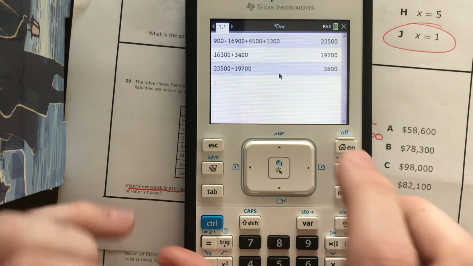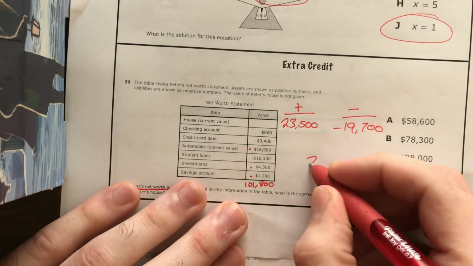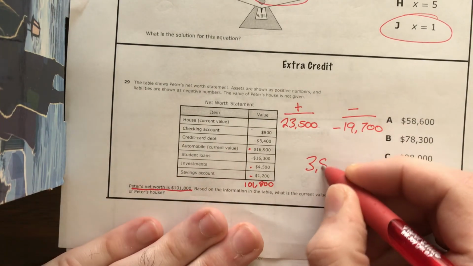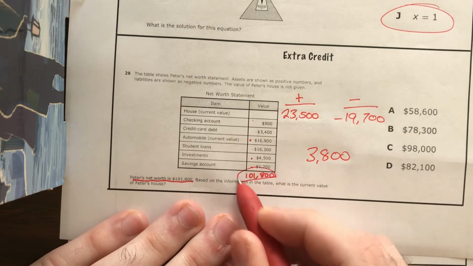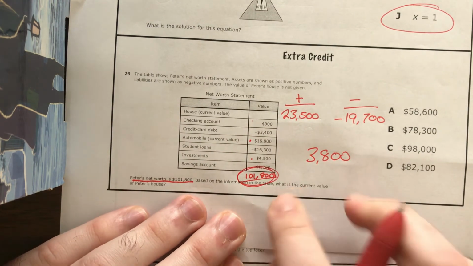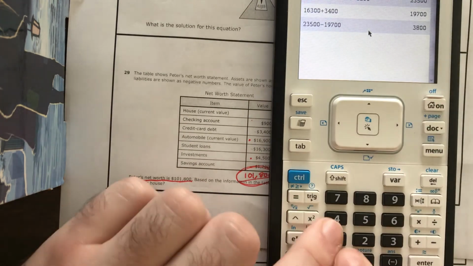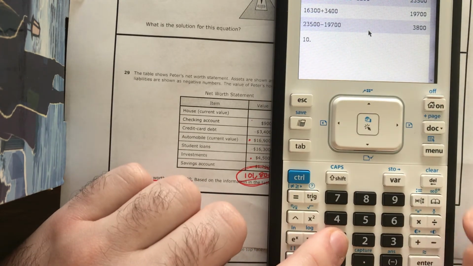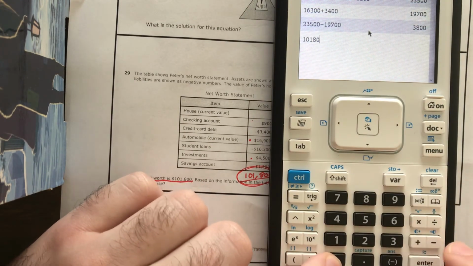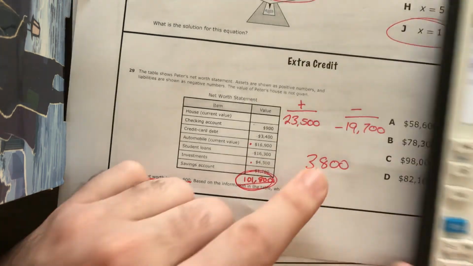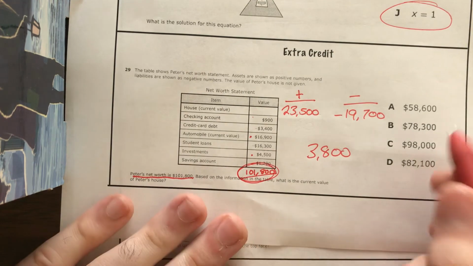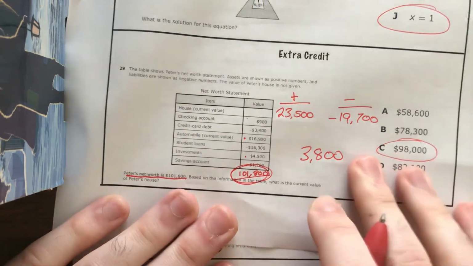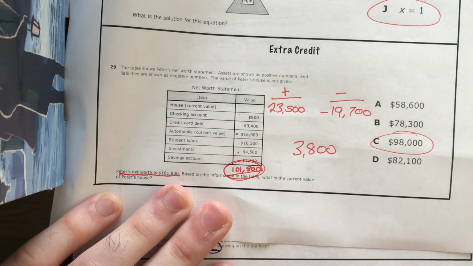Based on everything that's shown in the table, Peter's net worth is $3,800. But they say that his net worth is this. So now I need to find the difference between those two values. $101,800 minus my $3,800, and we get $98,000 is the current value of his house.